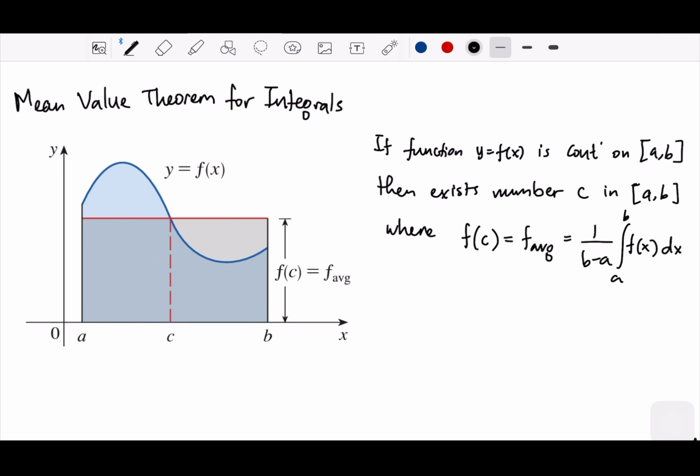Or we could write this as f of c times (b minus a).